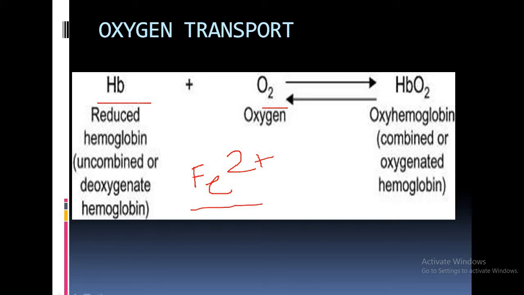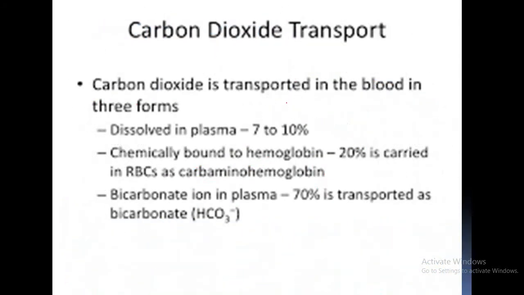RBC's hemoglobin will combine with oxygen and form oxyhemoglobin, and this is an unstable compound. Oxyhemoglobin being unstable, easily gives oxygen to the cells where it is required for respiration, and it turns back to hemoglobin once again. That is why the arrow sign for this reversible reaction is shown over here.